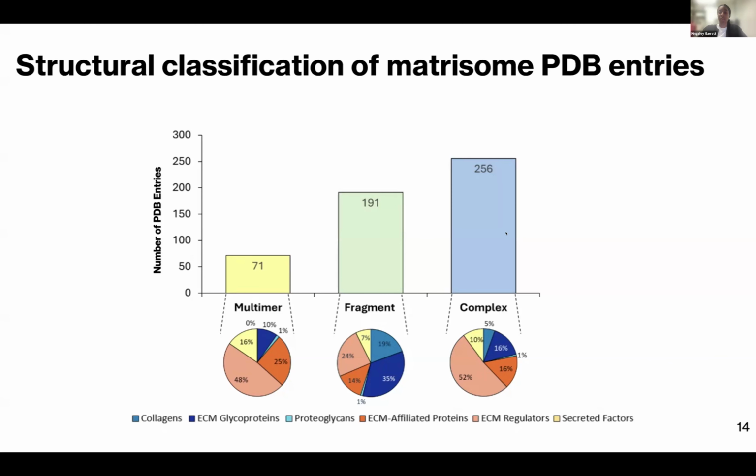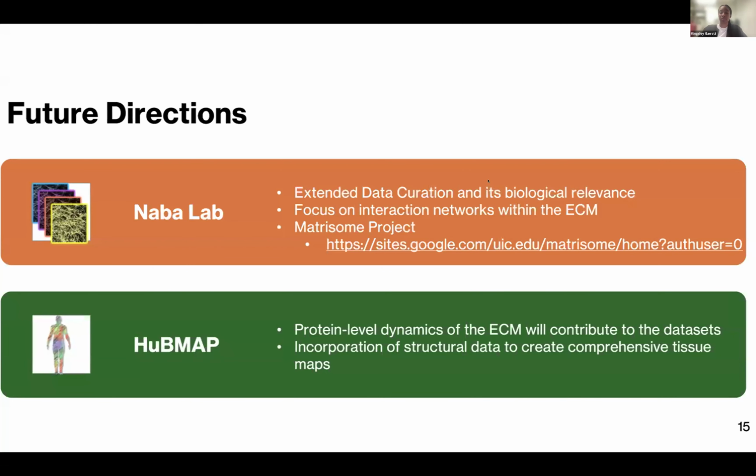And so with that being said, moving forward, for the first part, the NABA Lab plans on continuing our efforts and having meticulous curation of structural data. This means that we can cover a broader range of ECM proteins, because as I mentioned, we had a low representation of our genes. It was only 91 genes in our data set out of 1,027 genes total.